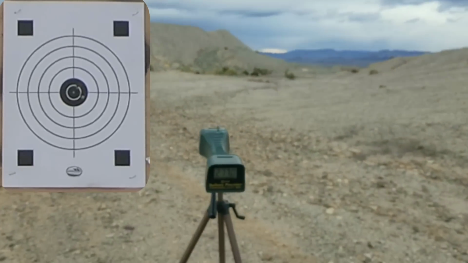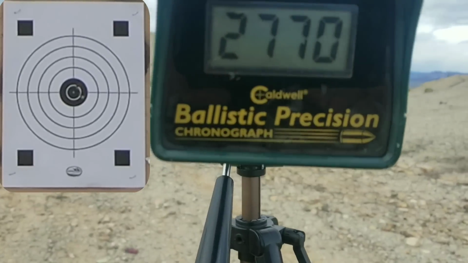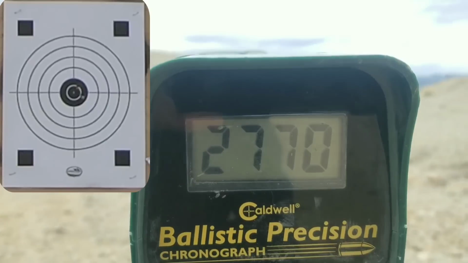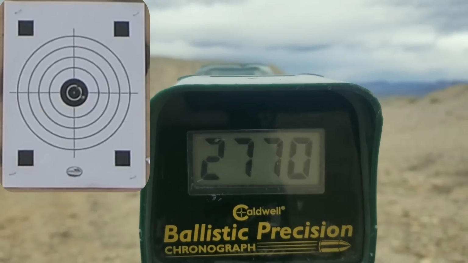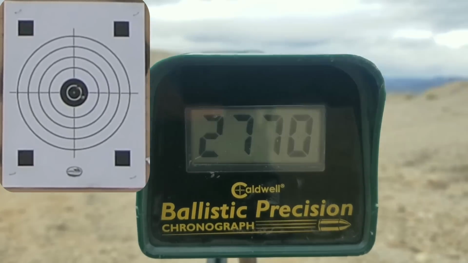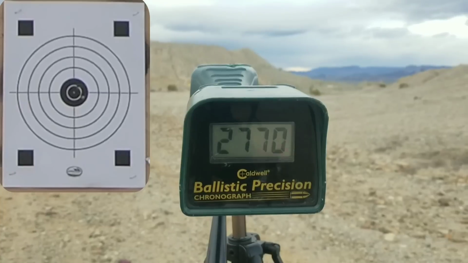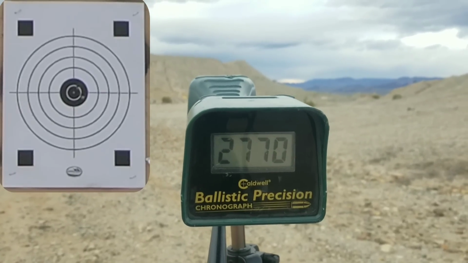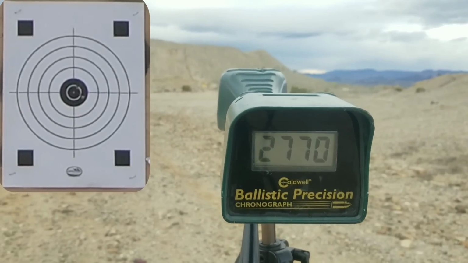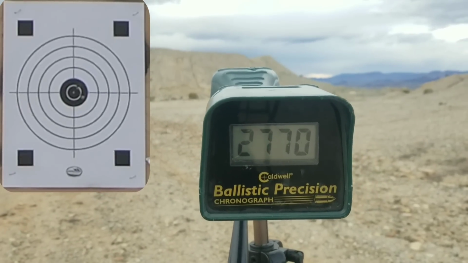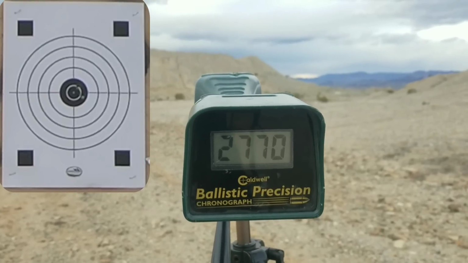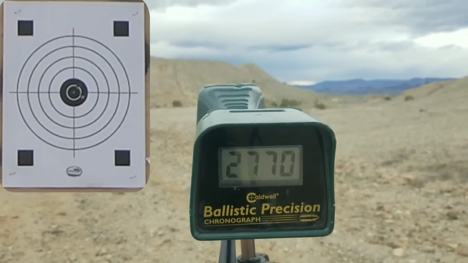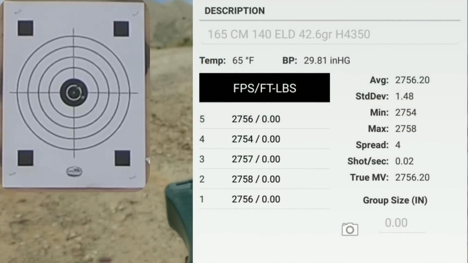You can see there, 2770. That's the 2 FPS deviation there. So cold bore shots are right in line, and I usually get around 1 to 1.6 standard deviation on this load.